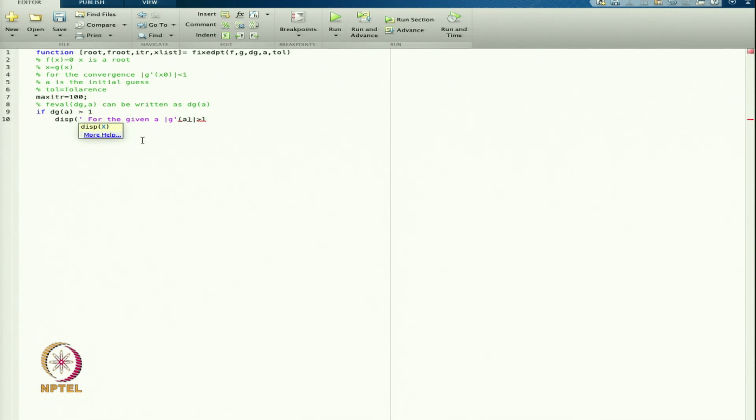It will treat this as a comma here, so I will write instead: dg at a is greater than 1, so may not converge.